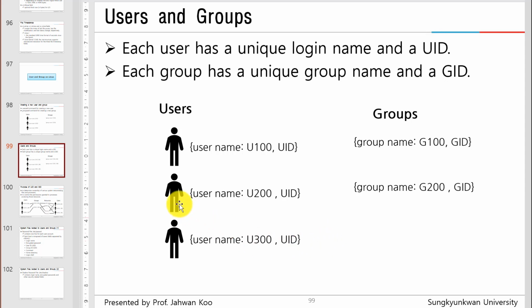Each user has a unique login name and a UID. UID means user identification. Each group has a unique group name and a GID. GID means group identification.